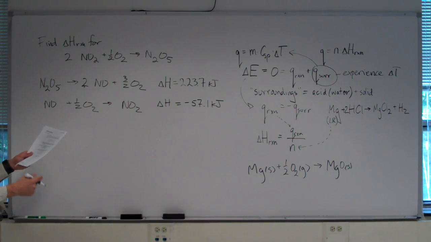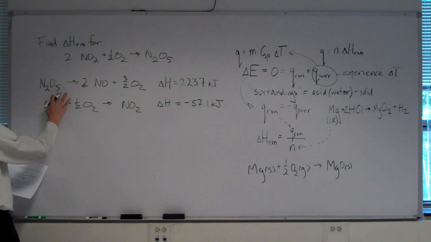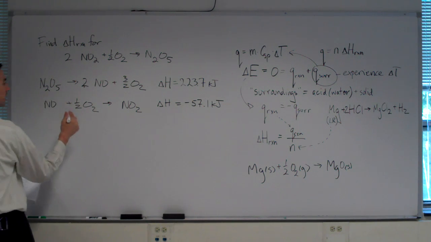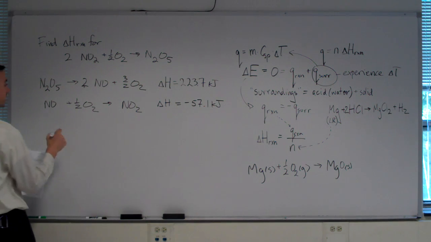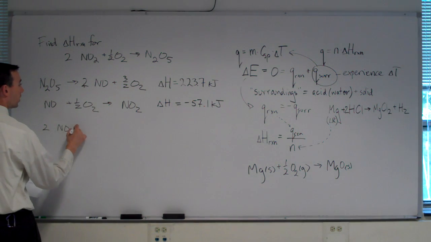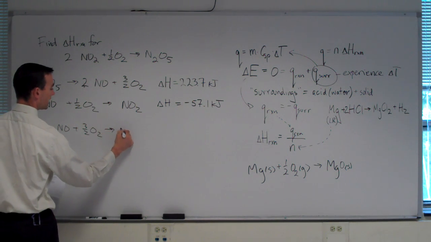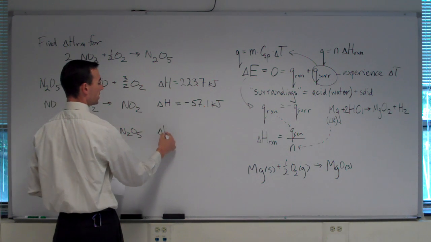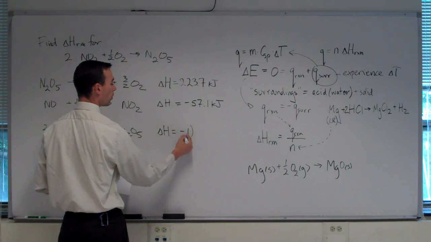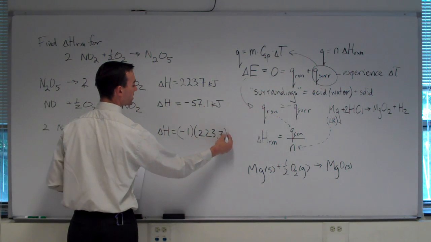So using Hess's law, we can flip the first reaction because we want N2O5 to be our product, and we want 1 mole of N2O5 in this target reaction. So 2 NO plus 3/2 O2 would give us N2O5. Because we've reversed it, the delta H is -1 for the reverse times the 223.7.